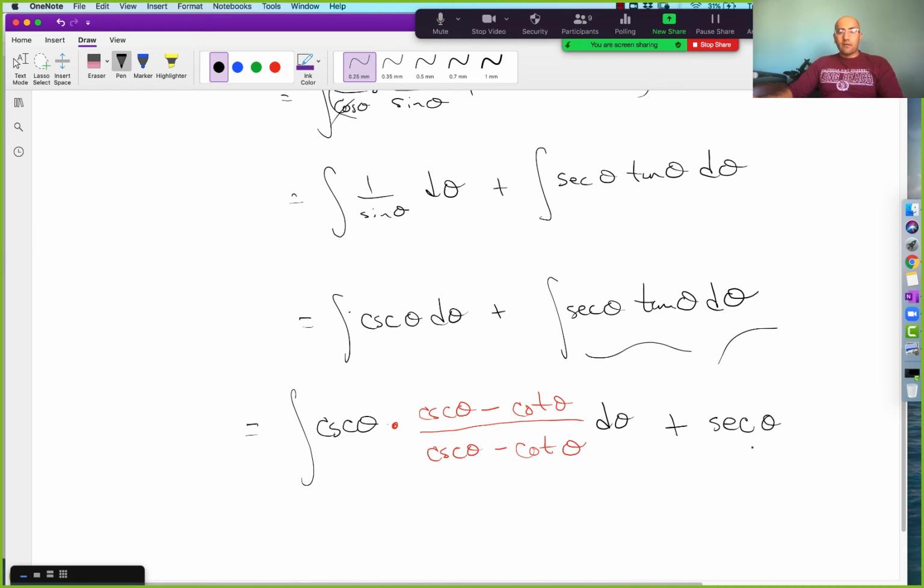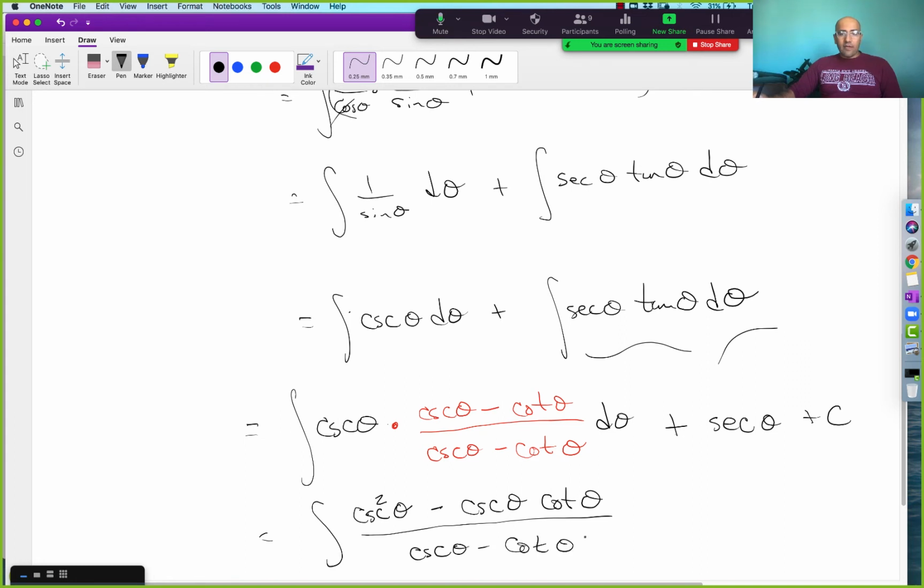Secant of theta, right? The derivative of secant theta is secant theta tangent theta. Good. Plus some constant. Okay, so now this one here, we're going to go ahead and distribute, and we end up with the integral of cosecant squared theta minus cosecant theta cotangent theta, all over cosecant theta minus cotangent theta, d theta.